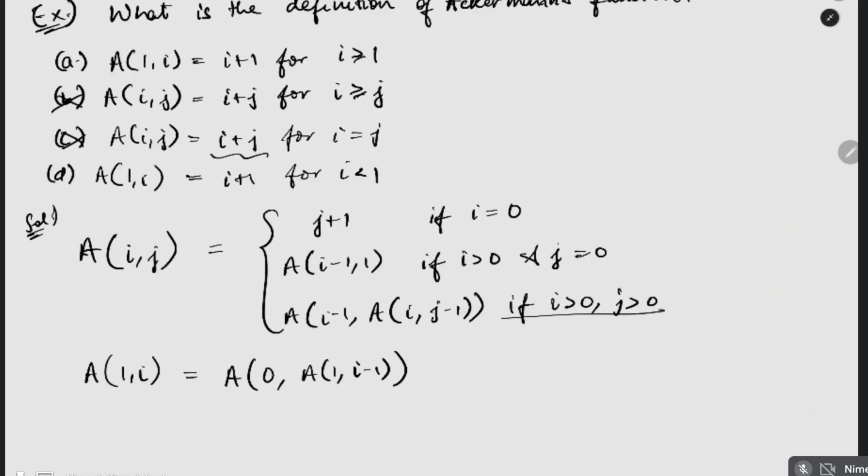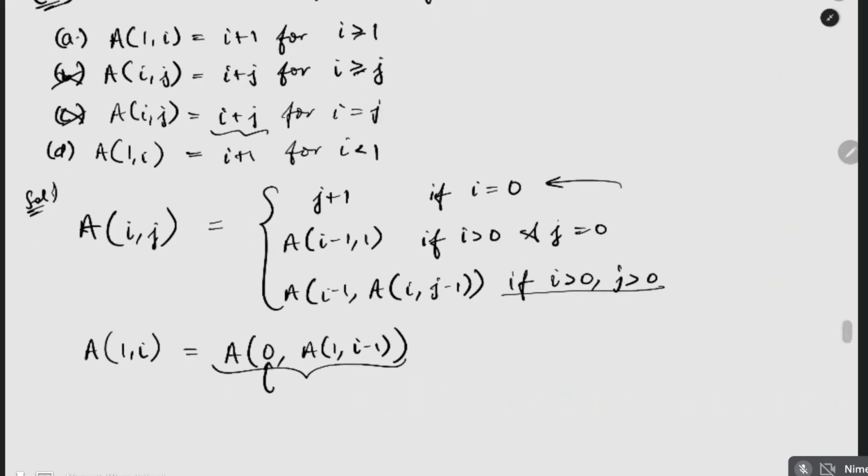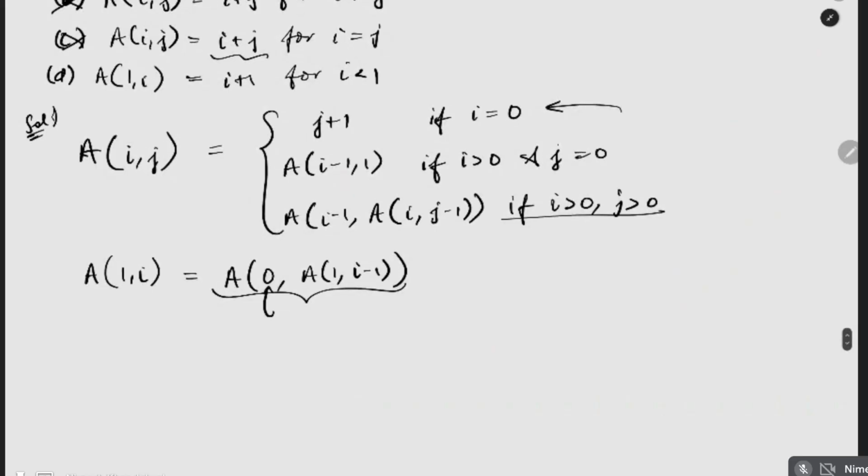Now since this evaluation has 0 here, this becomes the first case. So this becomes A of 1 comma i minus 1 plus 1, right?